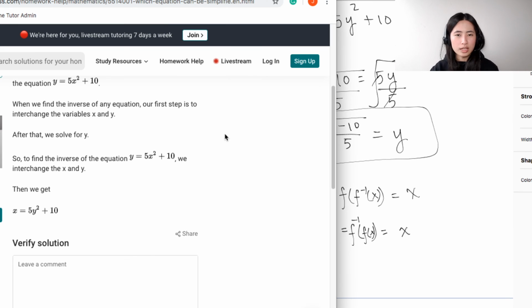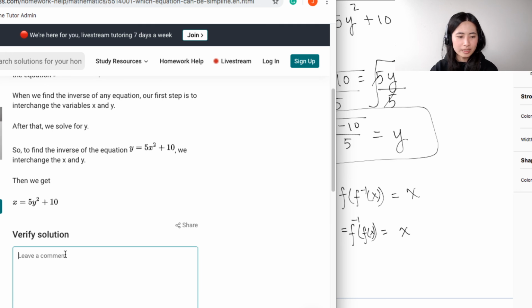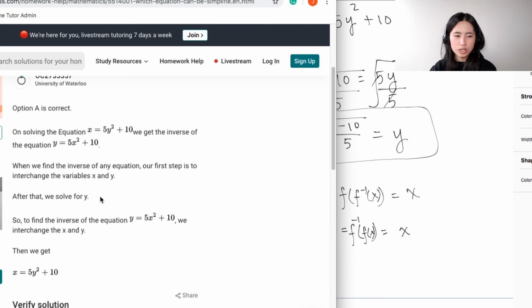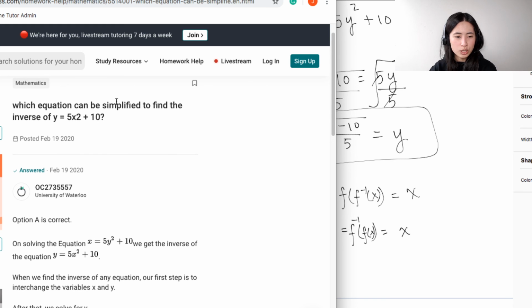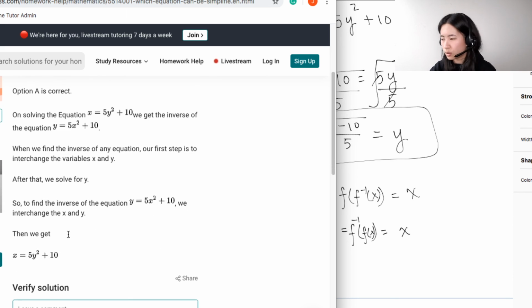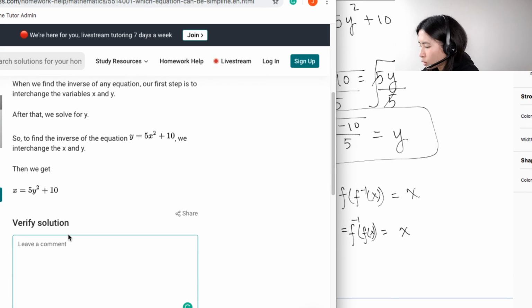Okay, great. So that's just an extra, I guess, concept, but that doesn't really answer the question. So for this part, because they're only asking for the equation that can be simplified as a way to find the inverse, then this is fine. I would say explanation is correct.